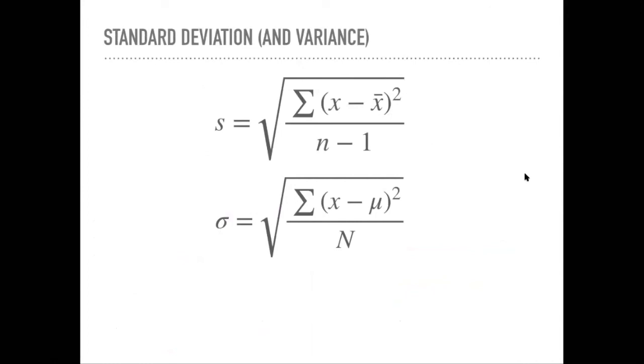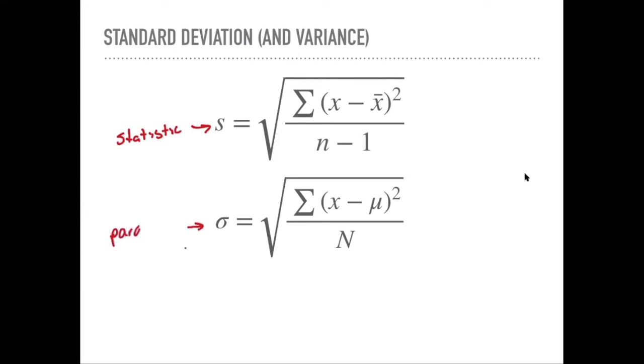So our standard deviation is a nice little messy formula here. And there's two different formulas, one for if we are looking at a sample and one for if we're looking at the entire population. So we're using S if we're talking about a statistic. And we use sigma if we're talking about a population parameter.